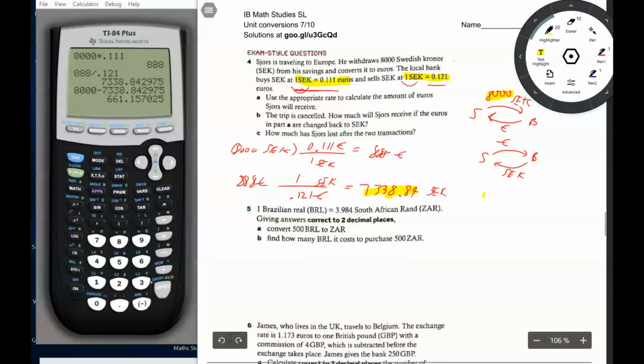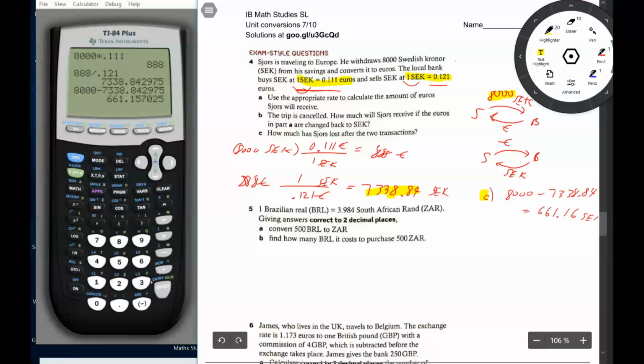So the difference is going to be 8,000 minus 7,338.84, which is equal to 661.16.